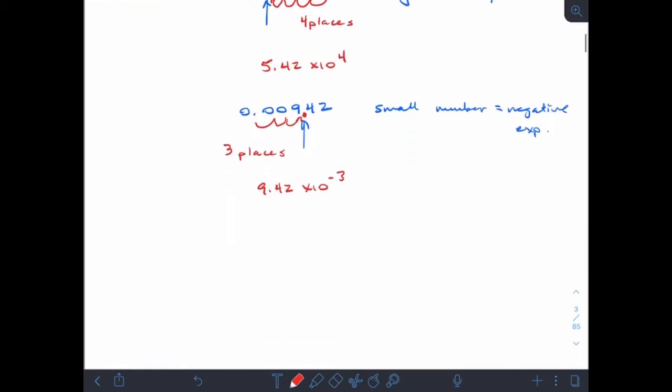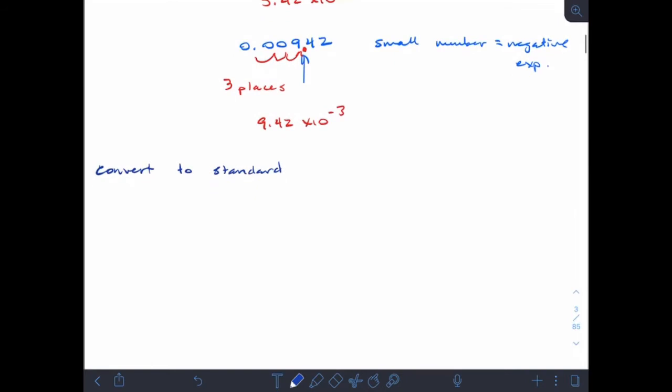All right, now, if I want to go the other direction, so let's say we want to convert from scientific to standard notation. Okay. If the exponent is negative, we move the decimal place left.